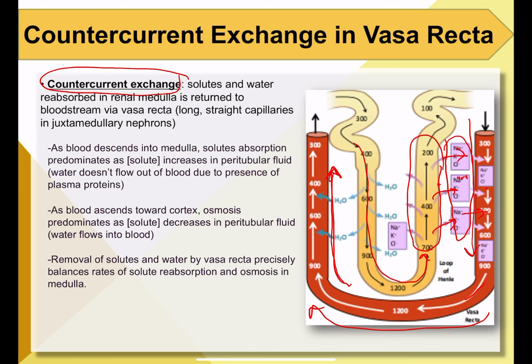So removal of solutes and water by the vasa recta precisely balances the rate of solute reabsorption and osmosis in the medulla. So you have countercurrent multiplication happening within the loop of Henle that causes your urine to have less water and also reabsorbs all those important ions from your urine. And then what about your blood? They've got to go into your blood too.